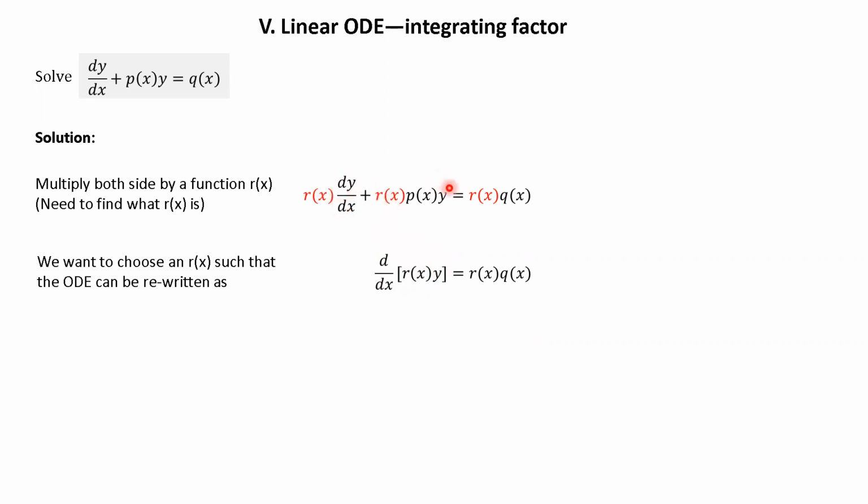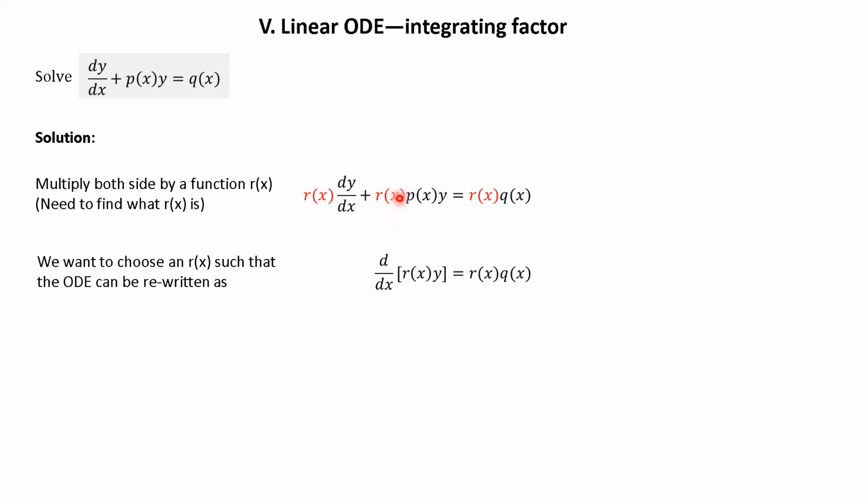Because from here you can see these two terms sum together, so it looks like you have used the product rule. So I hope that this one can indeed be written as this, from what looks like a product rule expansion.